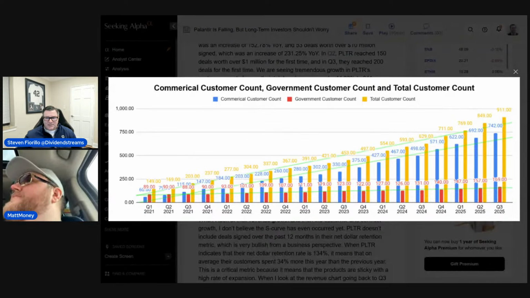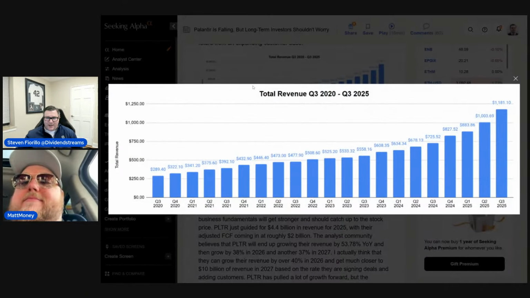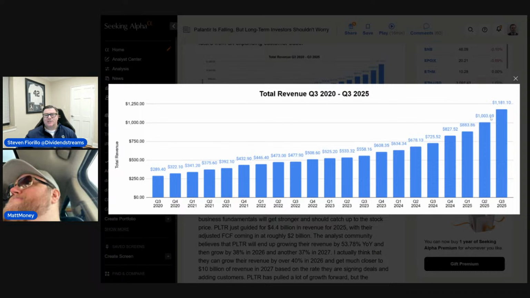So I get it. And I'm not saying Palantir is a bad company. I'm a shareholder. I love this company. But at the same time, I do think they're expensive. And now look, their revenue is starting to really hit an S curve. And I think the point that is important for everybody to understand is that with all the deals that they have done, this is probably going to explode to the upside.